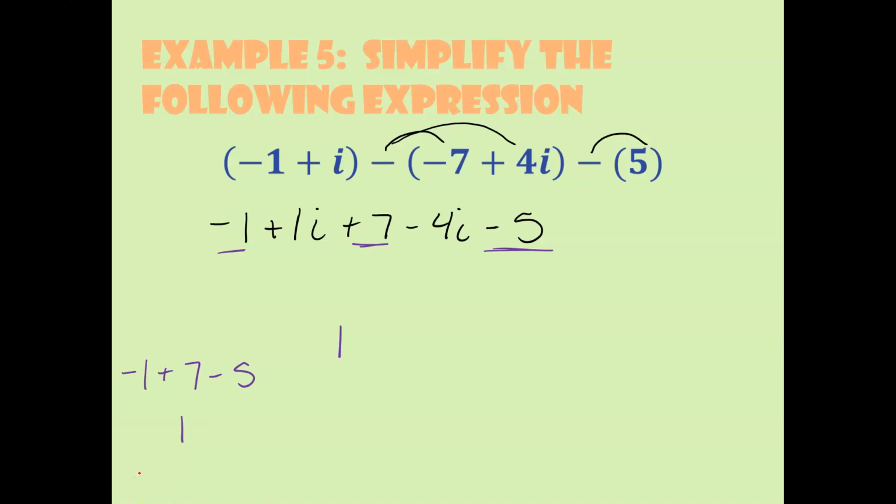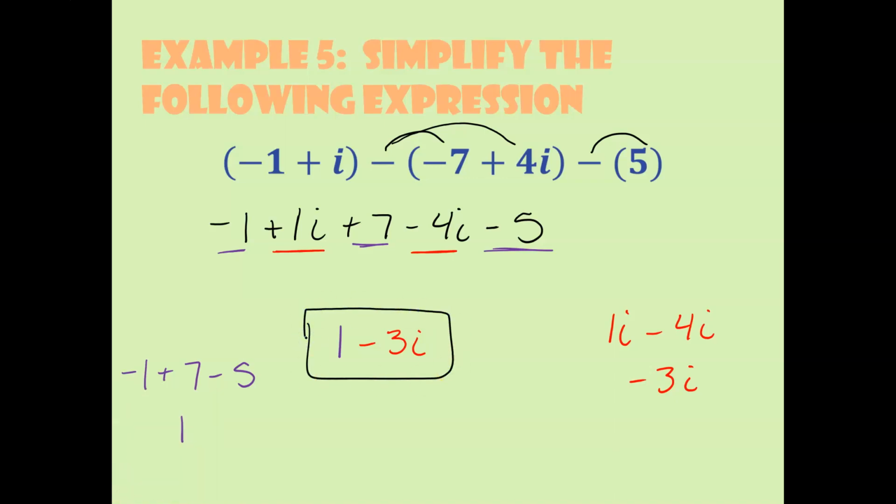Then we're going to get our imaginary numbers. You've got 1i, and then you have a negative 4i. So 1 minus 4 is going to be negative 3i. Okay? And that's your answer. All right, so that is it for subtracting complex numbers.